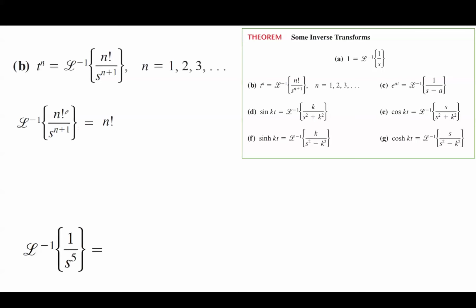N factorial is just a number. You can take this number and write it outside your Laplace. And here, since we factored out n factorial in front of the inverse Laplace, you end up with 1 in the numerator. So how is this helpful to us? The inverse Laplace of 1 divided by s to the power n plus 1 then can be written as t to the n divided by n factorial.